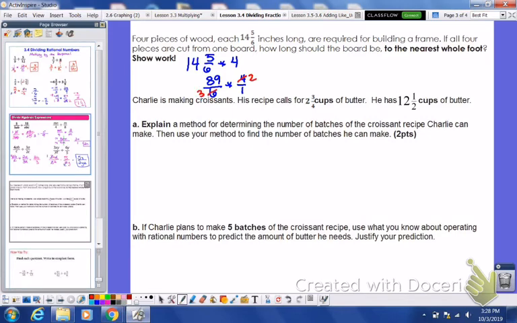So 89 times 2 gives us, just going to follow the arrows here, 178 over 3. Now I want to know how long should the board be, so I cannot leave it as an improper fraction. So 178 divided by 3 would be 59 and 1/3.